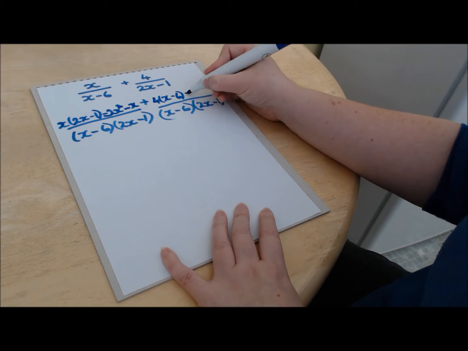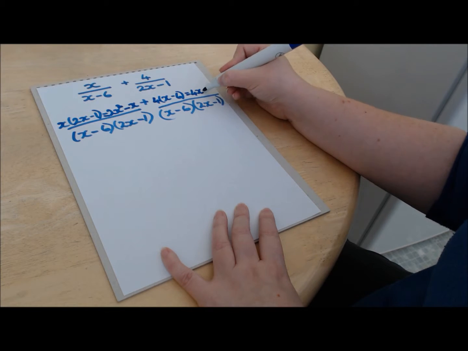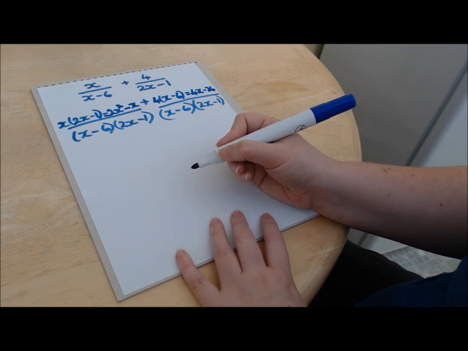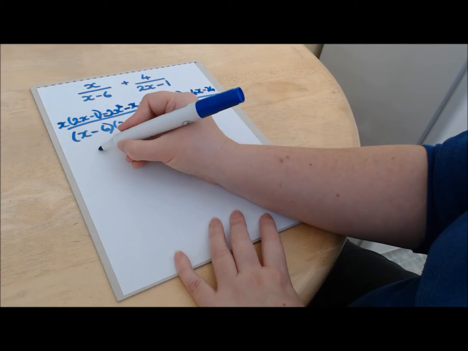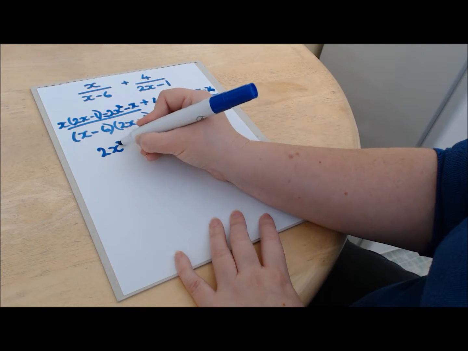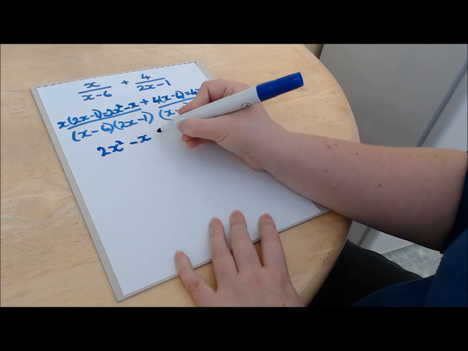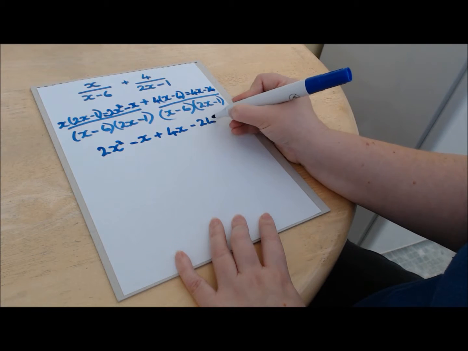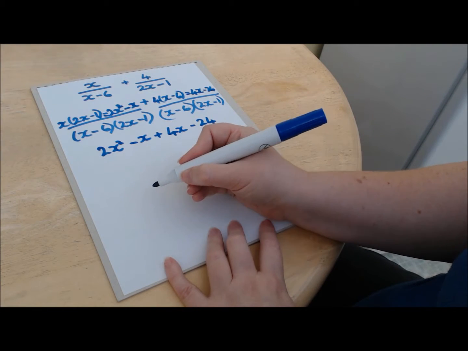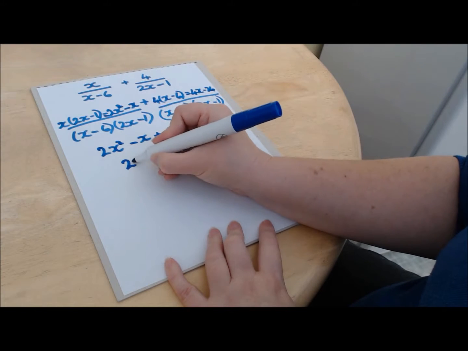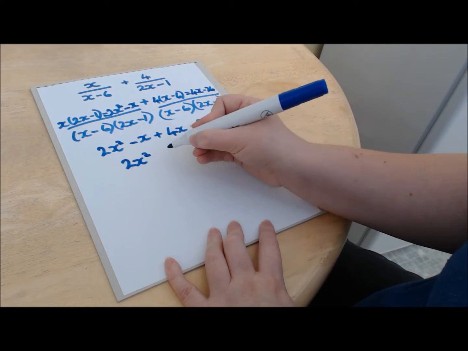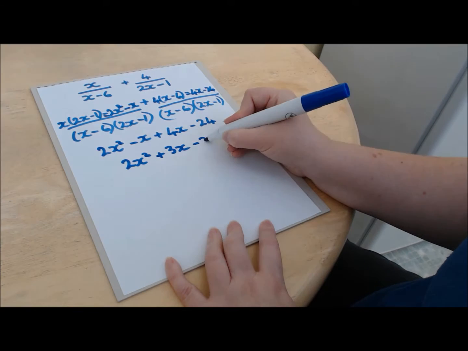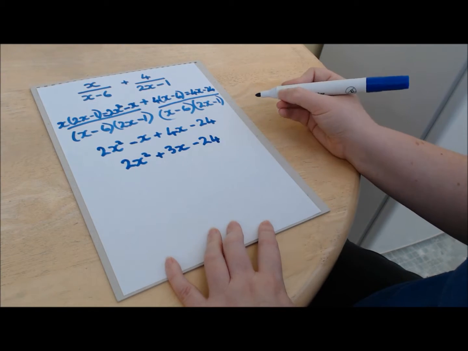If we multiply that out, we're going to get 4x minus 24. So if we take that top line and add them together, we've got 2x squared minus x plus 4x minus 24. So altogether here, we've got 2x squared plus 3x minus 24.